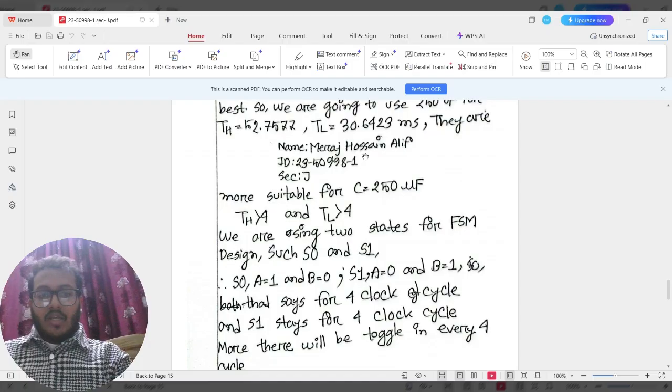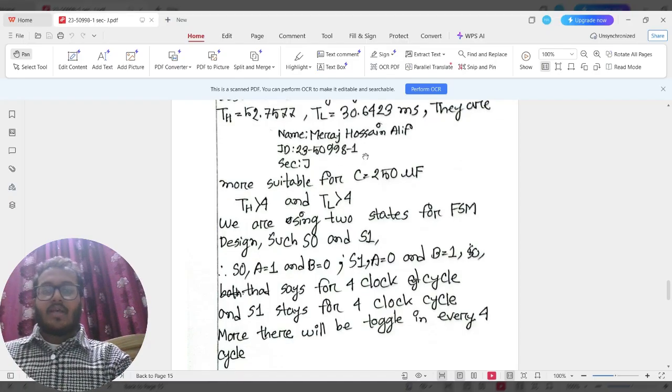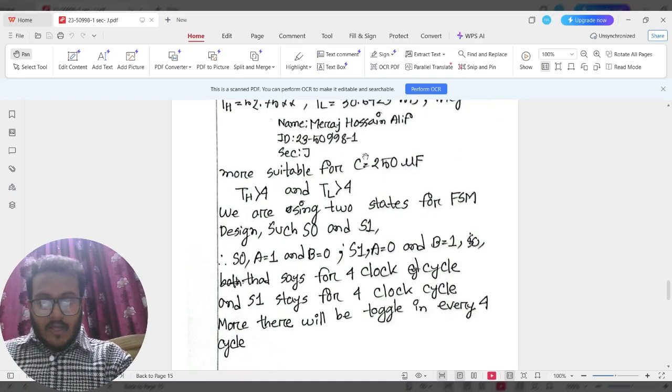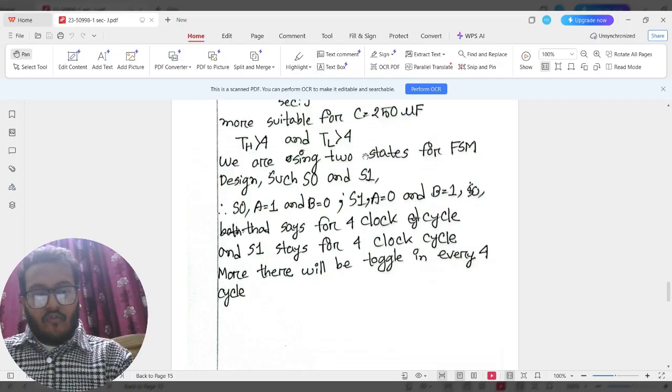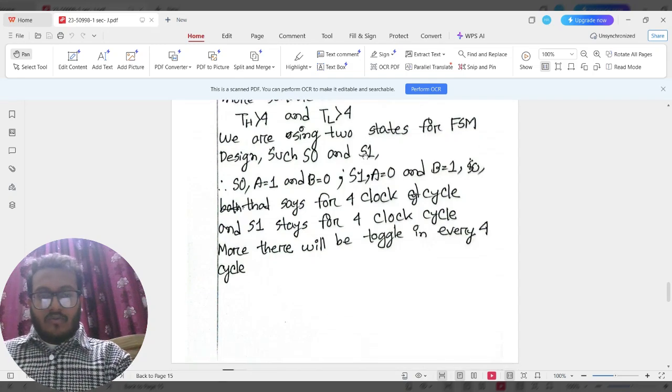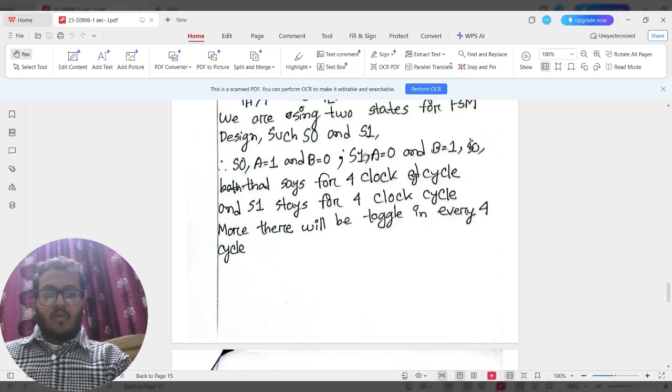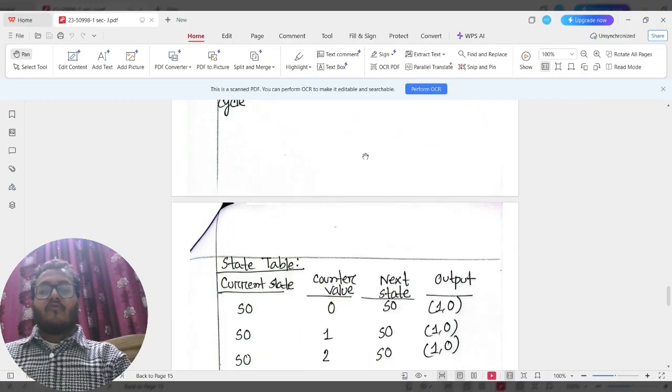So we are using two states for the FSM design, S0 and S1. S0 lasts 4 clock cycles, and S1 lasts 4 clock cycles. There will be a toggle every 4 cycles.